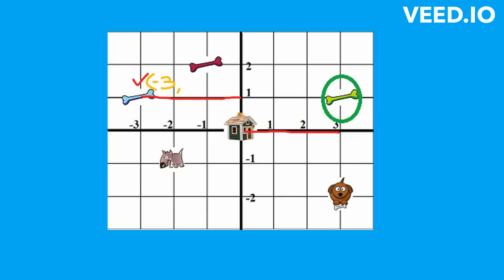It is 1 unit from the origin in the direction of the y-axis, in the upward direction, in the positive direction, not downward. So +1. So this is the origin where the house is. The coordinates are 0, 0.